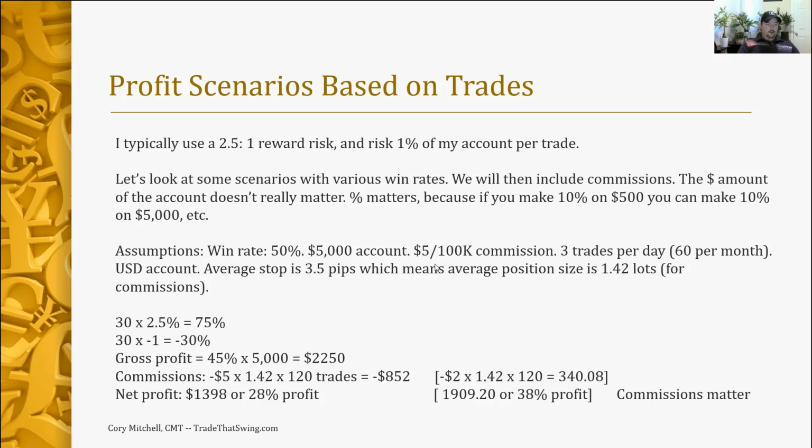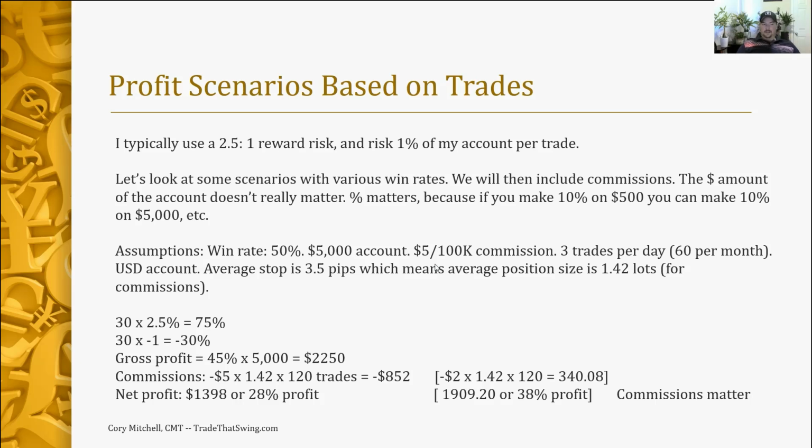We have a US dollar account, and it's also nice to know what your average stop loss size is, and you can kind of estimate this, or you could actually add it up if you wanted. But typically, the average stop loss size is about 3.5 pips, 3 to 3.5. As I said throughout the course, most of our stop losses are going to be between 2 and 5 pips. So right in the middle of that is 3.5 pips.